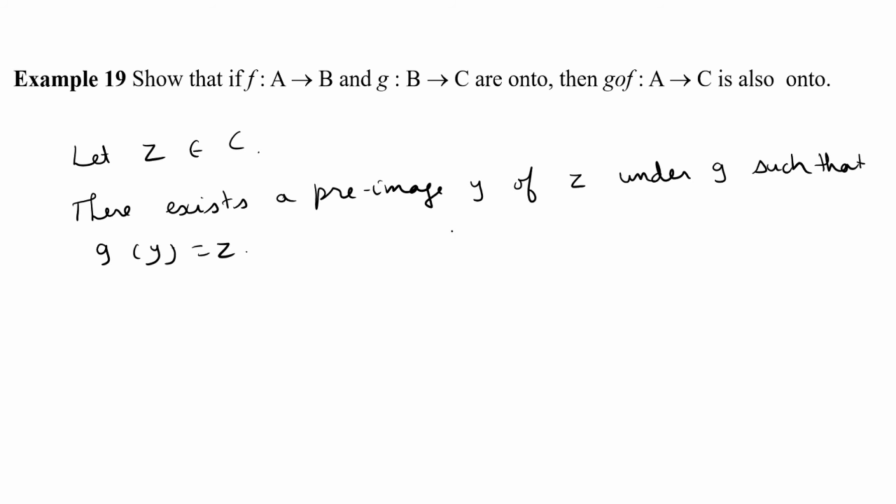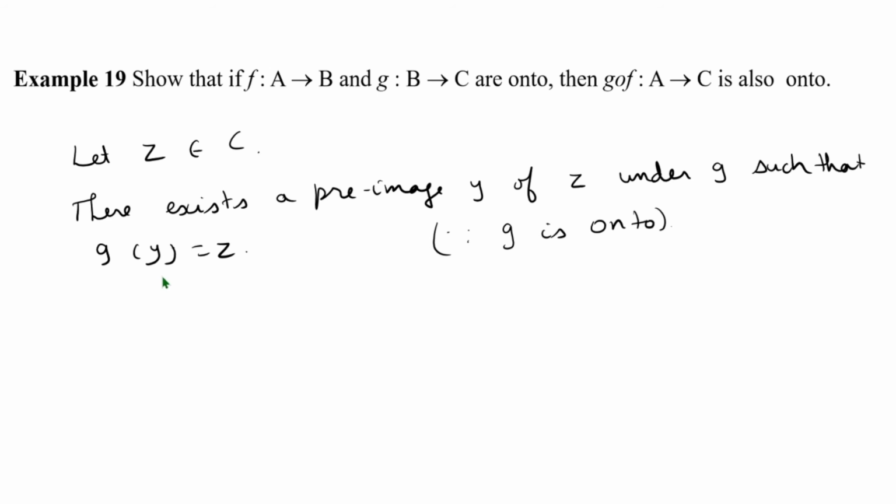This is because g is onto. So since g is onto, for z belongs to C, there exists a pre-image y of z under this function g, such that g of y is equal to z.